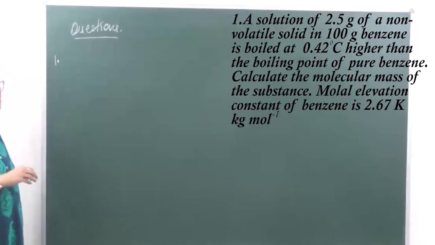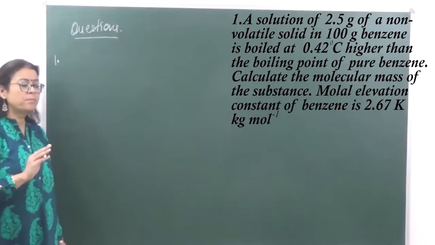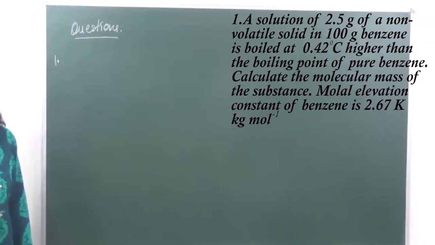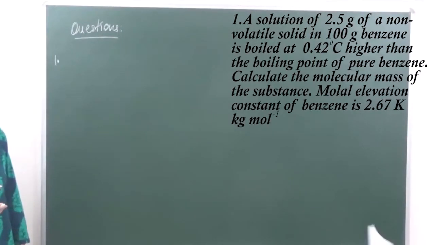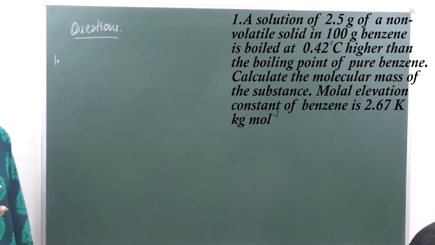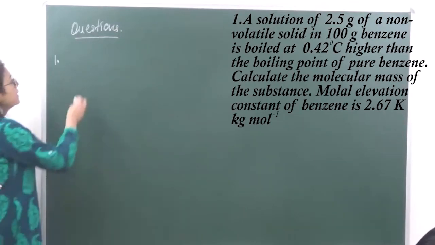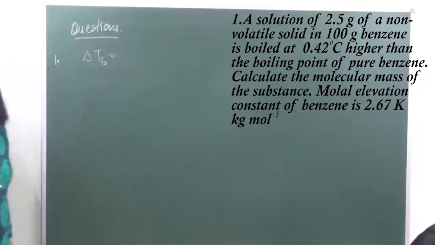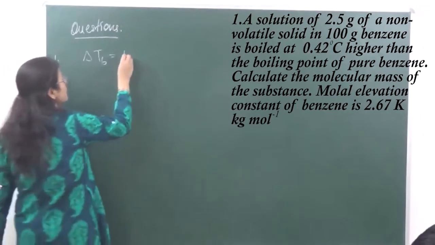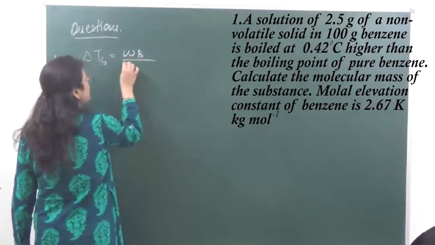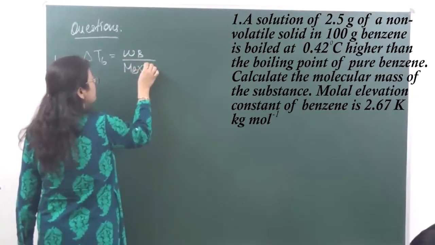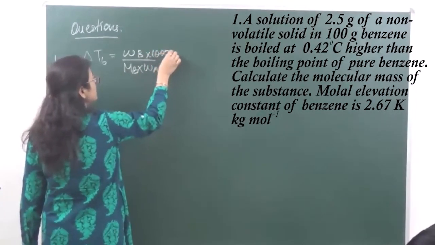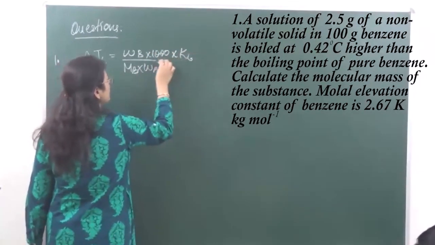So this is a very simple question in which you only have to apply the formula directly, right? Now for elevation in boiling point, what is going to be the formula? Delta Tb is equal to Wb upon Mb into Wa into 1000 into Kb.